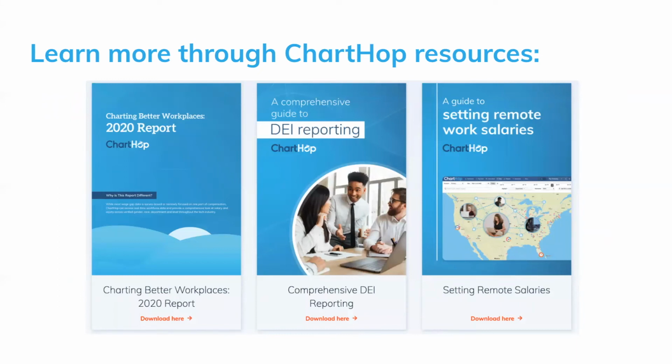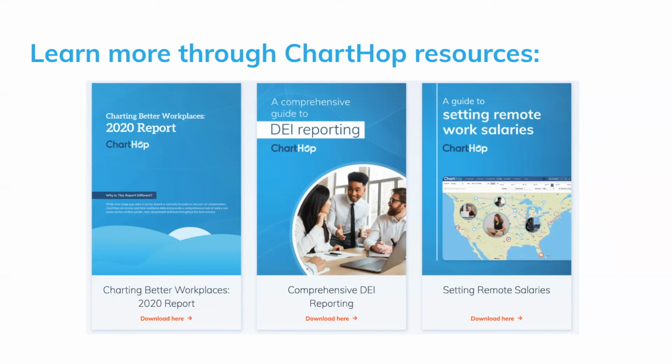Yeah, definitely. So back in October, we put together this report across our customer base. It's the first annual Charting Better Workplaces report, and it really aims to look at our customers' data in aggregate across different demographics and organizational and structural aspects of the workplace, right?